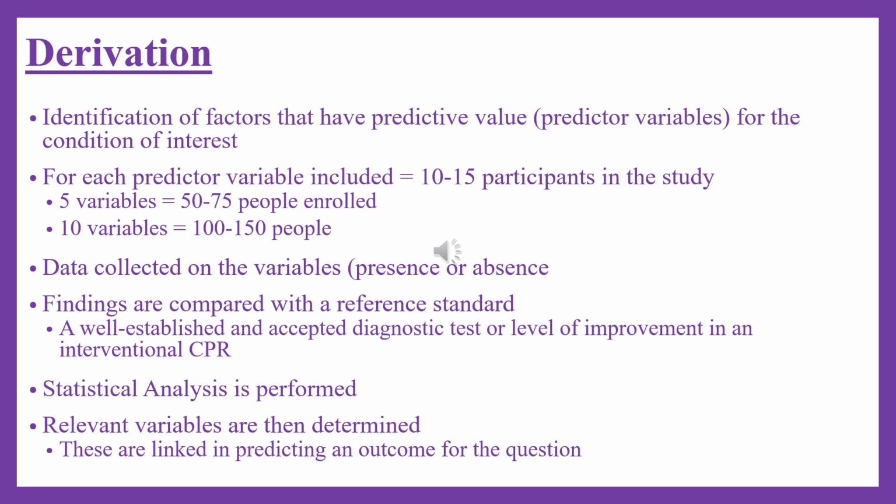And then if we have 10 variables, we need to have 100 to 150 subjects enrolled. The reason for these numbers, as we've talked about in previous lectures, is that we need to account for any dropout or mortality rate with a study, and these numbers give us a much greater statistical power when the study has been completed.